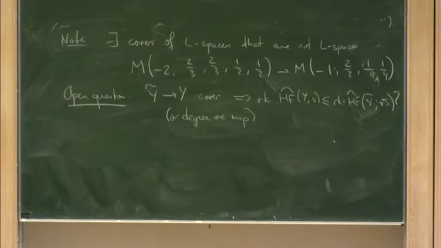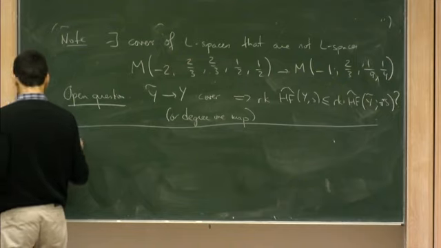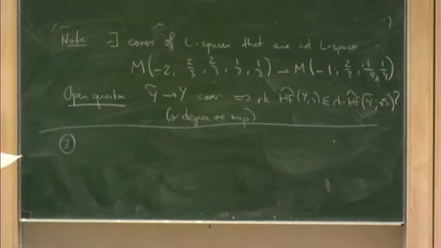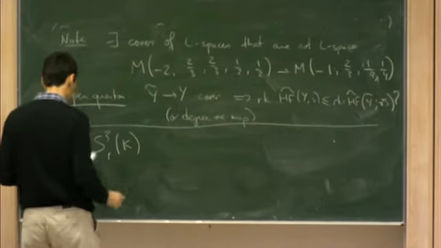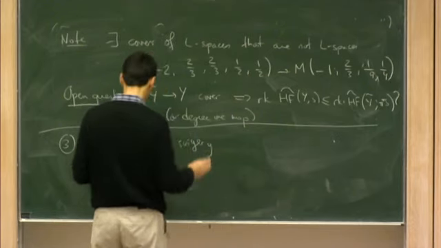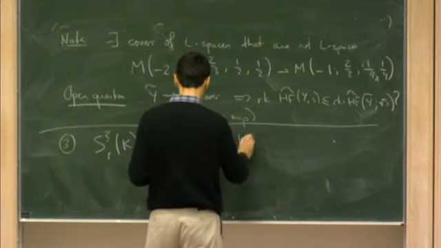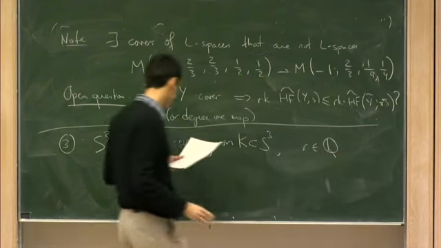So in the remaining 10 minutes, let me talk about the relation to surgery. Let's consider surgery on a knot in S^3. So r-surgery, I'm not going to define surgery, it was featured in a bunch of other talks. In S^3, r is some rational number.